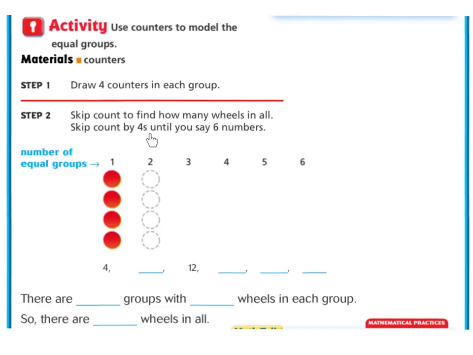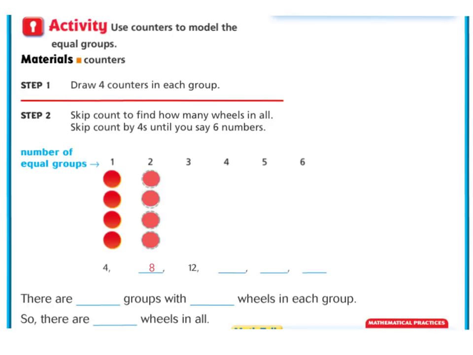Skip count by 4s until you say 6 numbers. In step 2, the 6 equal groups are our 6 cars. To skip count means to count in a pattern by the same number. So let's try to skip count by 4s.